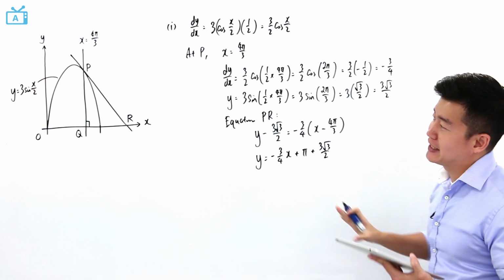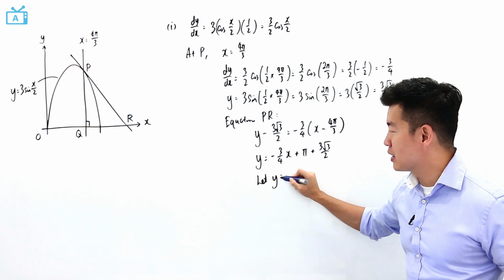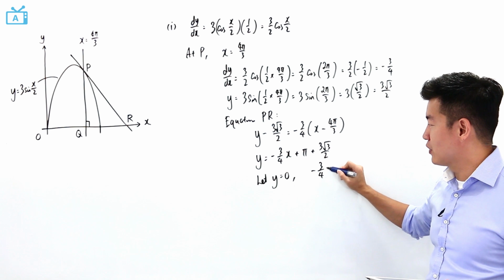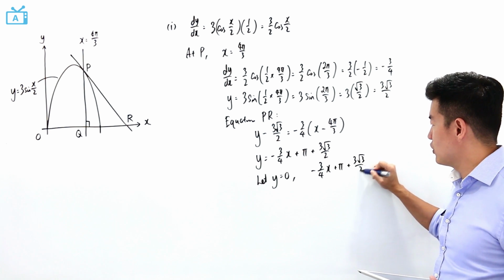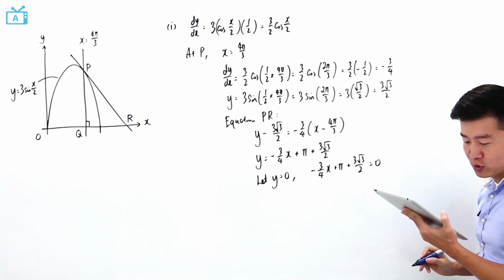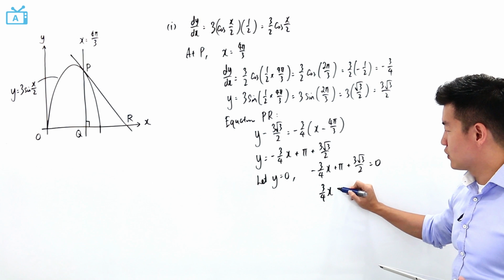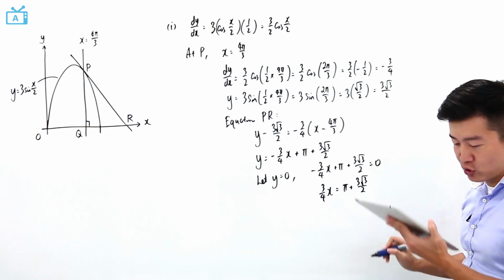What we need to do is to find the x-coordinate of R, and at R, I'm going to let y be equal to 0, which means that minus 3 over 4x plus pi plus 3 square root of 3 over 2 is going to be equal to 0. So 3 over 4x is going to be equal to pi plus 3 square root of 3 over 2.